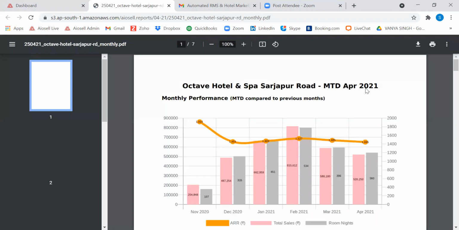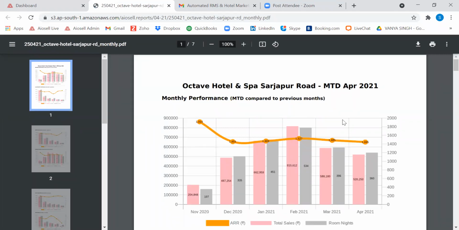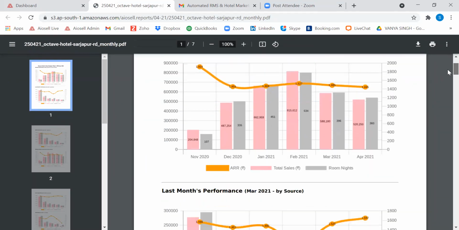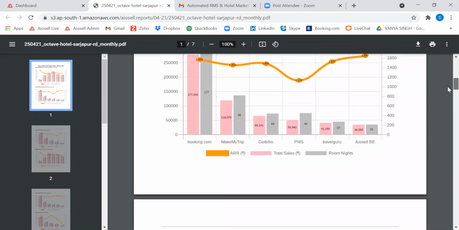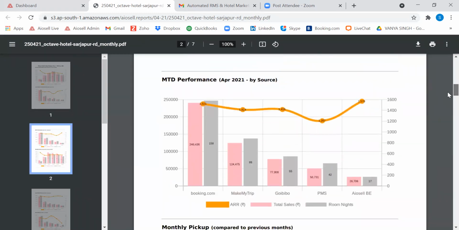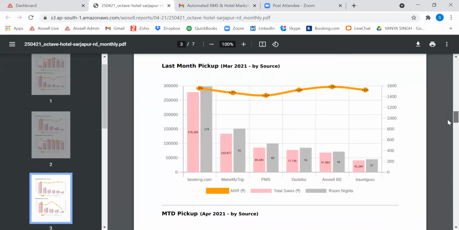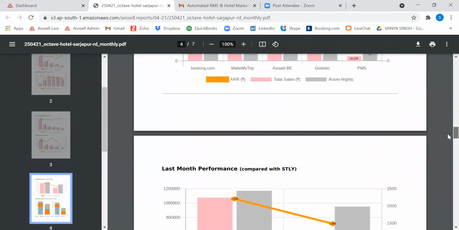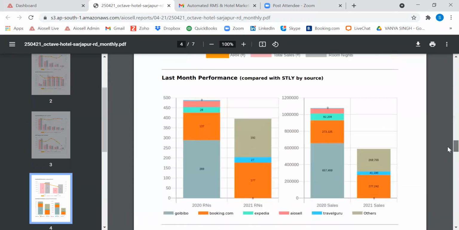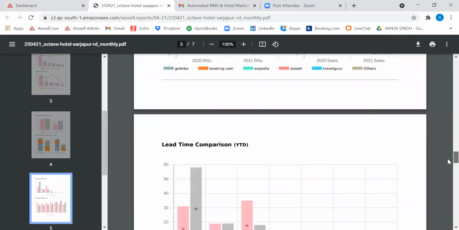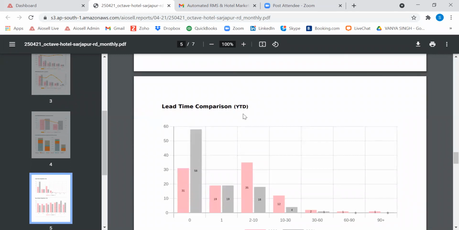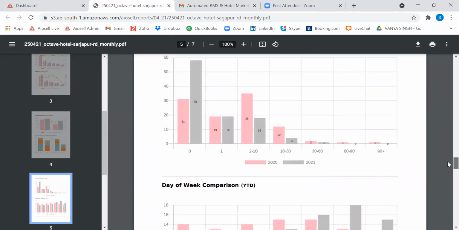There's also a monthly report. So this will have month to date data. How has the month to date performance been compared to previous months? What is the last night's performance by source? Month to date performance by source, the pickup by source, and all various other analytics. What is in addition in the monthly report is you also have lead time comparisons. So basically how far in advance people are booking your property.